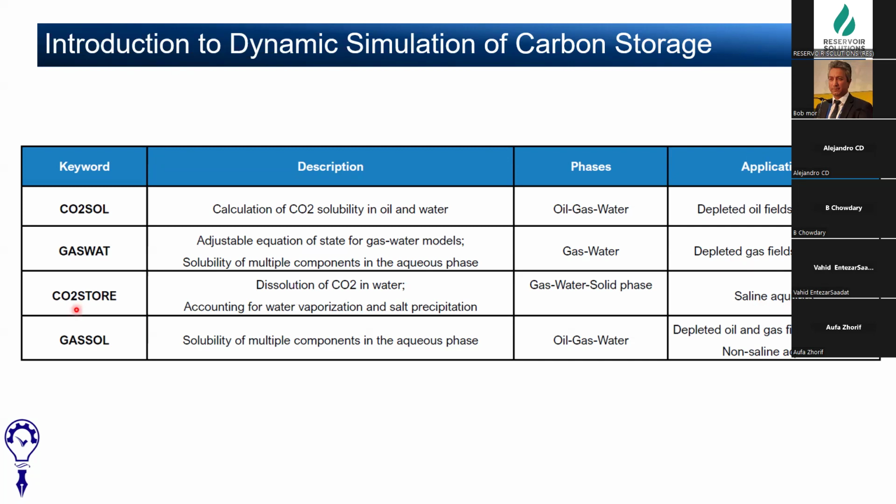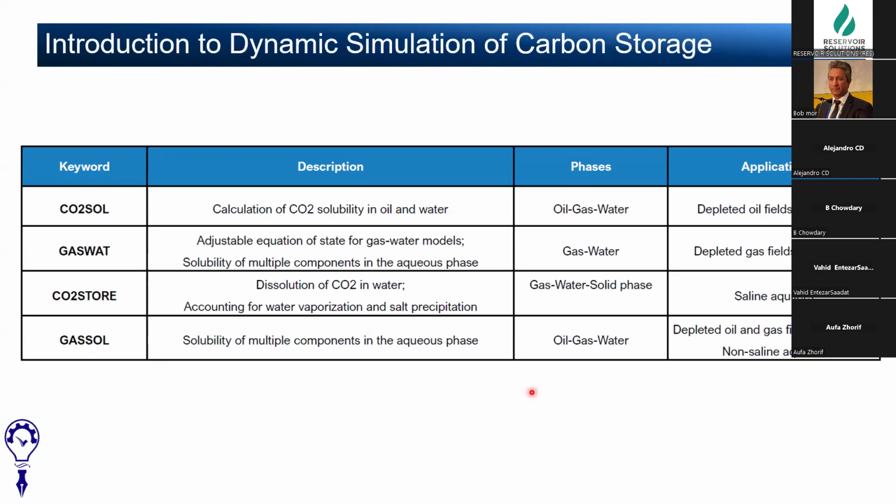In this case, we can have dissolution of CO2 into water, accounting for water vaporization and salt precipitation. And we can have three different phases: gas, water, and solid. If we are going to use it in depleted oil and gas fields, EGR and EOR, in a non-saline aquifer, we can also use the GASSOL keyword for dynamic simulation of CO2 storage.